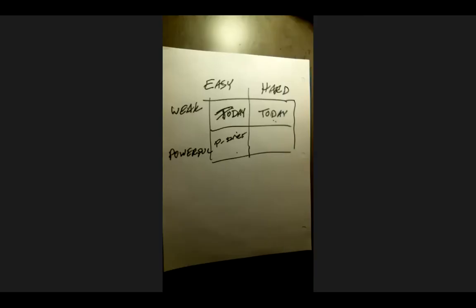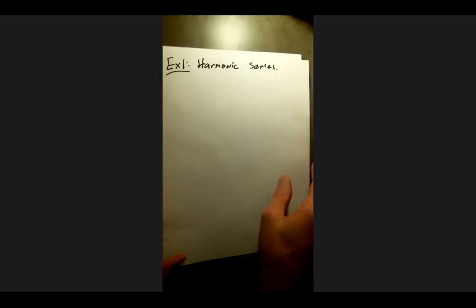Let's look back at an example that we worked on yesterday, namely the harmonic series. When we were together yesterday, we started playing with the harmonic series. Maybe without looking at your notes, do you remember what that is?